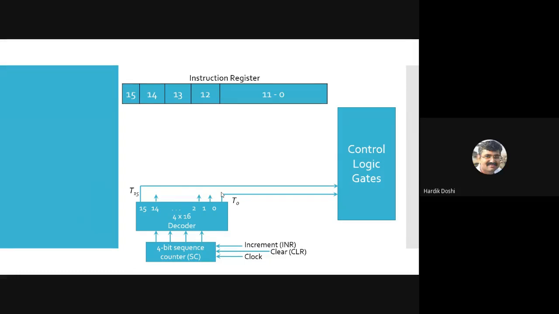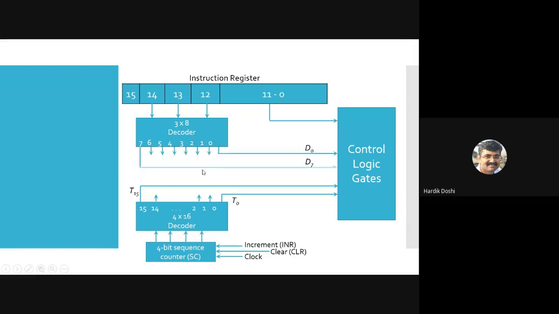Now I am taking one more decoder. A 3 to 8 decoder, to which I am giving 3 bits of input from IR, which gives n cross 2 raised to n, so 8 output lines, which are connected again to control logic gates.